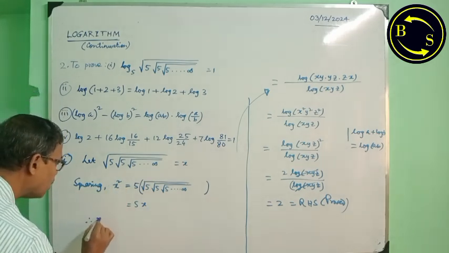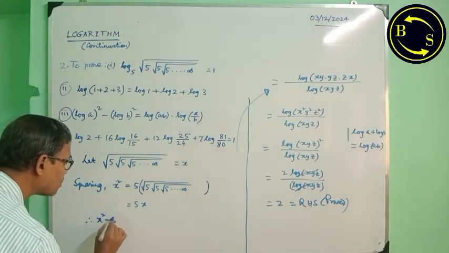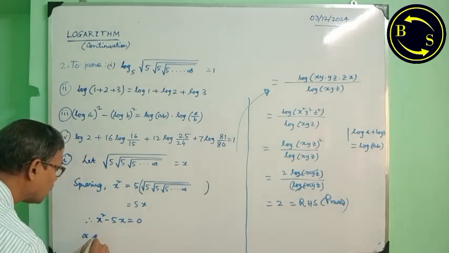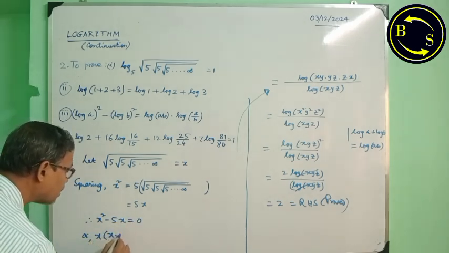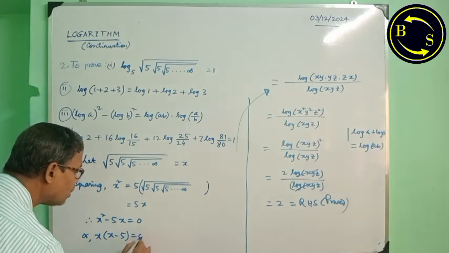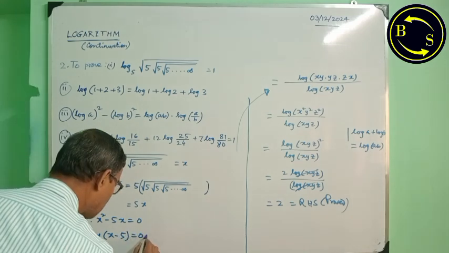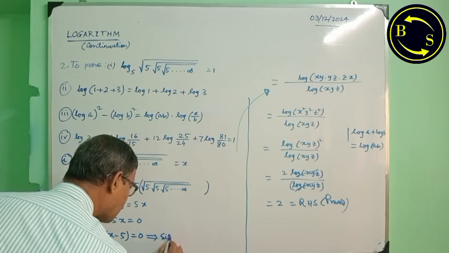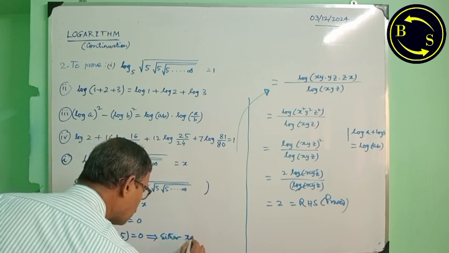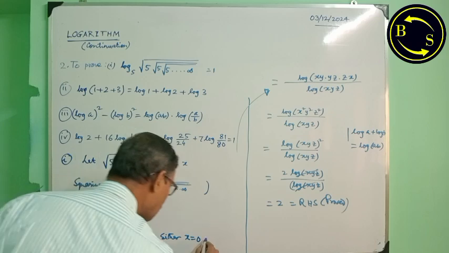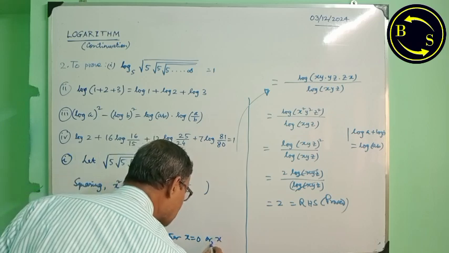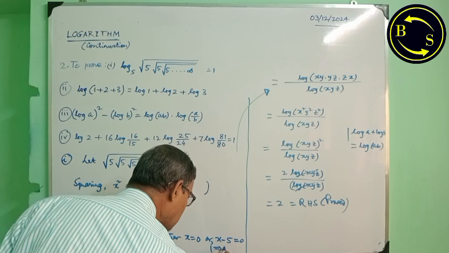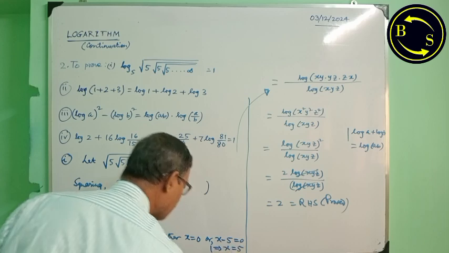Therefore, x squared minus 5x is equal to 0. Now taking x as a common factor, x into x minus 5 equals 0. From it, we can conclude either x equals 0 or x minus 5 is equal to 0, so we get x equal to 5.